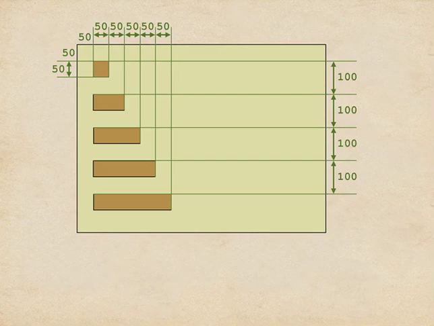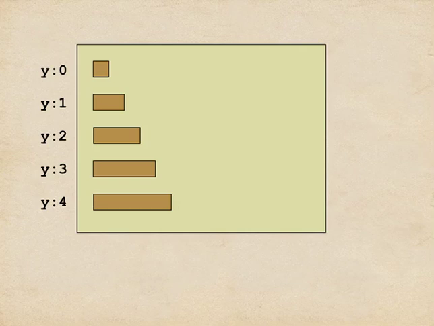So let me show you how we would actually do this. Let's lay out some variables and then we'll write the code. I'm going to say that there are 5 lines and a variable called y will step from the values 0 to 4. So before we start the loop, I will say y equals 0, and then each time through the loop, I'll say y equals y plus 1. So the first time through, y is 0.